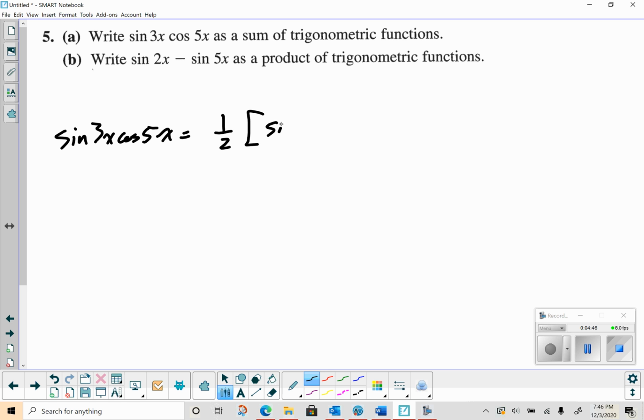I need to take the sine of u plus v, so in this case that means adding 3x plus 5x, plus the sine of u minus v, so 3x minus 5x.